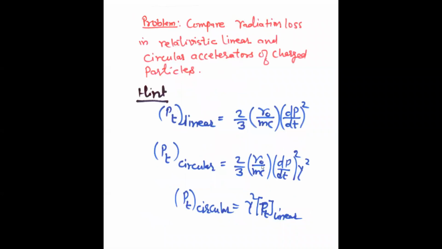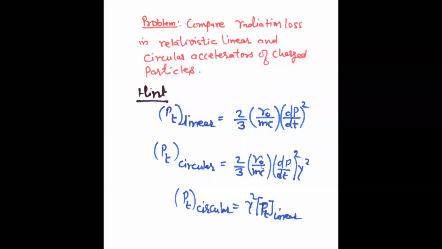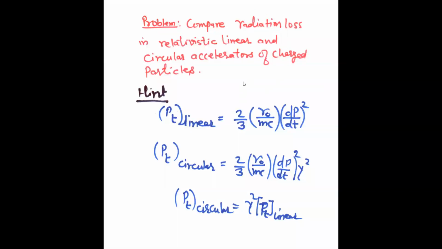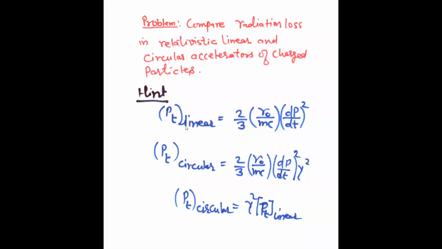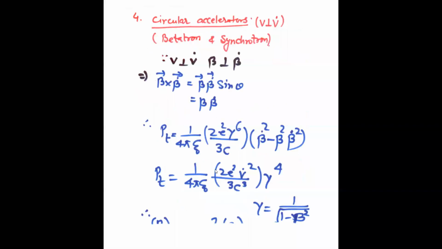So now I give you a problem: compare the radiation loss in relativistic linear and circular accelerators of charged particles. Okay, I am giving you notes also. So finally you will get P_T linear. In a linear accelerator, right now we are calculating power loss, okay? We are not calculating the power emitted by a charged particle, that is this formula.